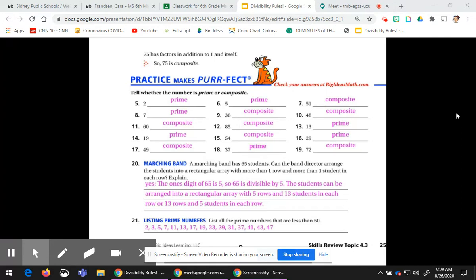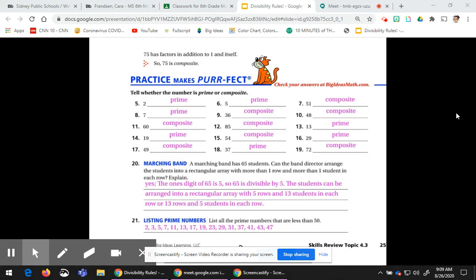So if you wouldn't mind, check your work. And of course, you're not turning this in. I would like you to keep this math assignment because it is going to be handy since it's got those definitions on it at the top. And on the back, it has that 100s chart with all our composite numbers crossed off or colored in and all our prime numbers left blank.